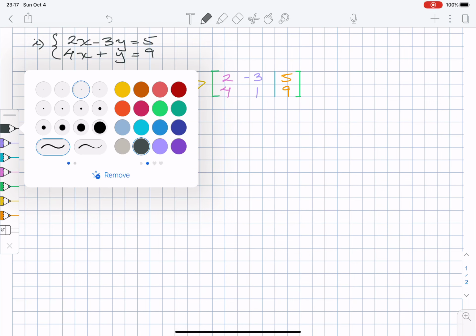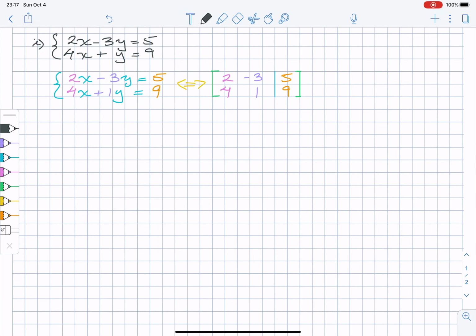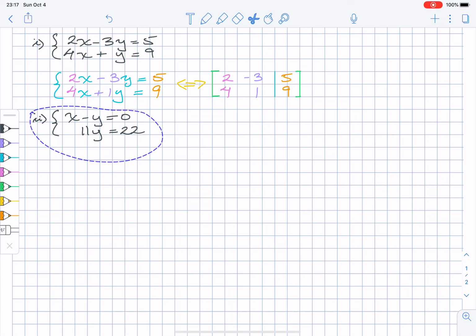Okay, so number 2. Let's do another 2 by 2. Let's say we have x minus y is equal to 0 and 11y is equal to 22.